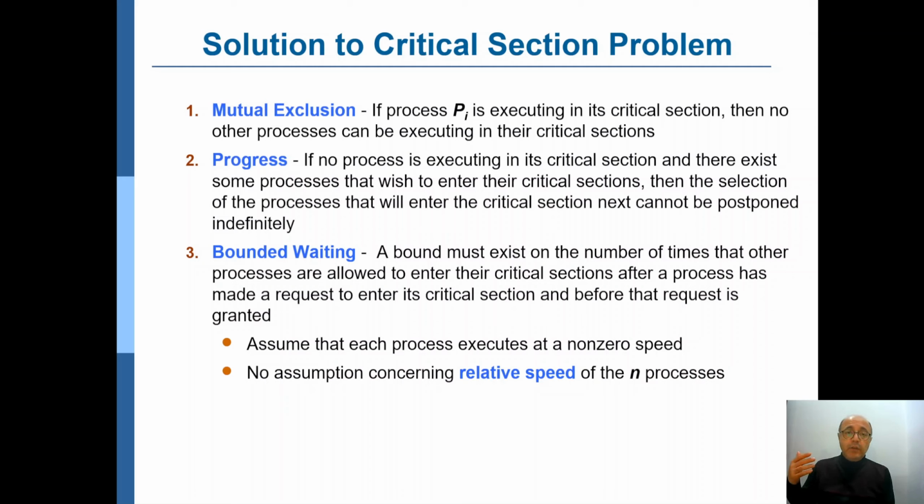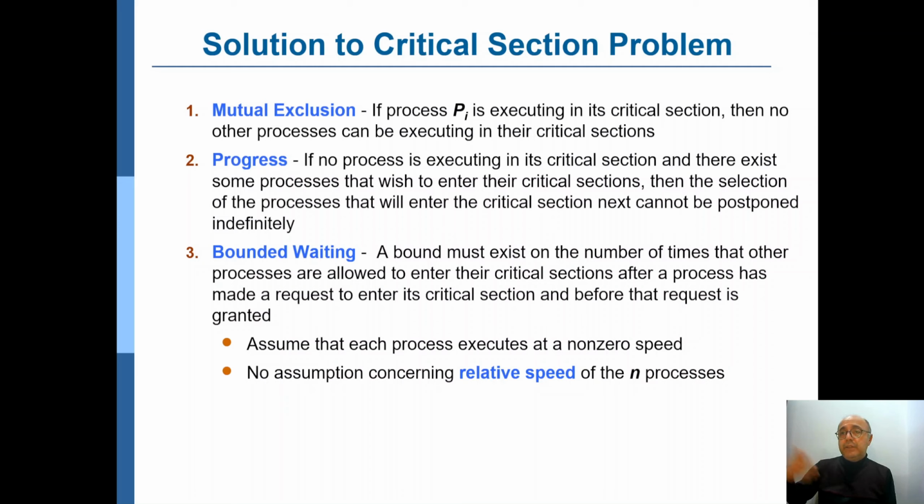Maybe because of, let's say, some priority, some urgency, whatever. So P1 is still waiting. So P3 also goes in its critical section. Meanwhile, P4 arrives. P4 says, I want to go into my critical section. And let's say scheduler also chooses P4 over P1.